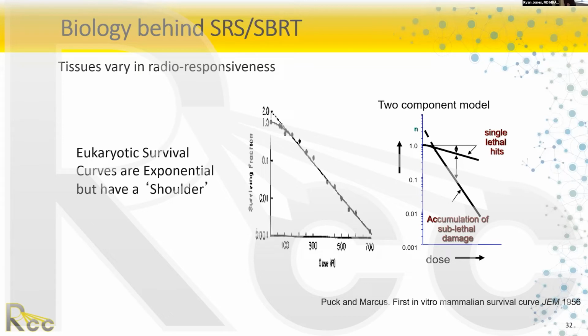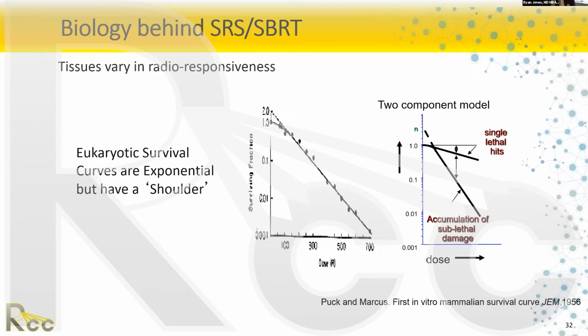There were single lethal hits. So there was a single electron blasting through and causing your double strand break, or there was this accumulation of sublethal damage. So maybe electrons causing just a single strand break, but if in close proximity to each other, could lead to cell death.